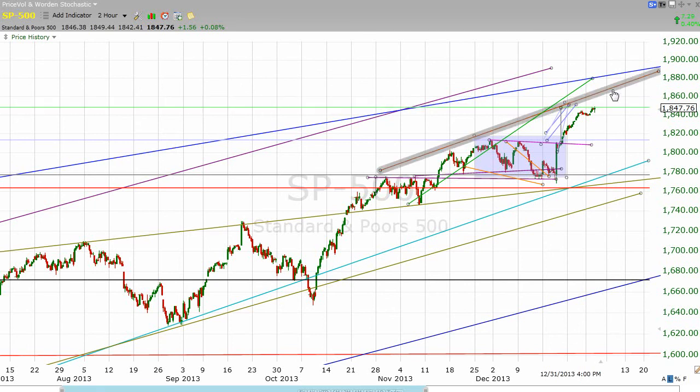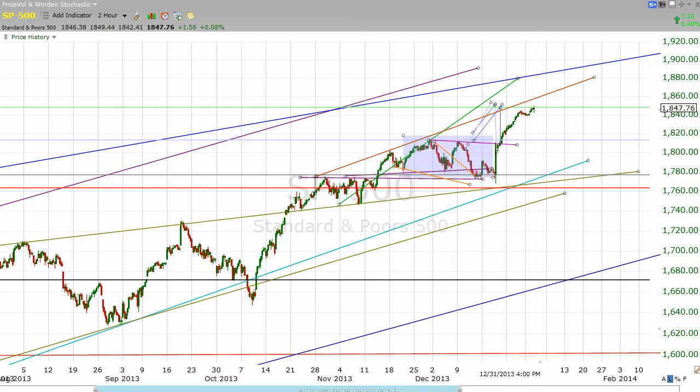And one of the things that could be developing here, I'm not saying it is, but it could be, using this top line as a resistance line and then drawing a new trend line across our last 2 lows right here and here.